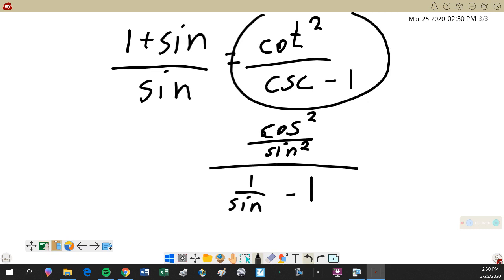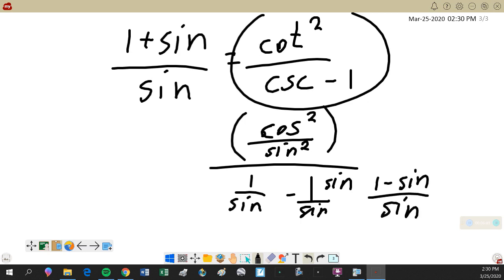So I have a fraction in the numerator and I have a fraction and a whole number in the denominator, so I need to turn the denominator into a fraction. So we need a common denominator, sine and sine, and that turns into 1 minus sine over the sine, and then we have cosine squared and sine squared.